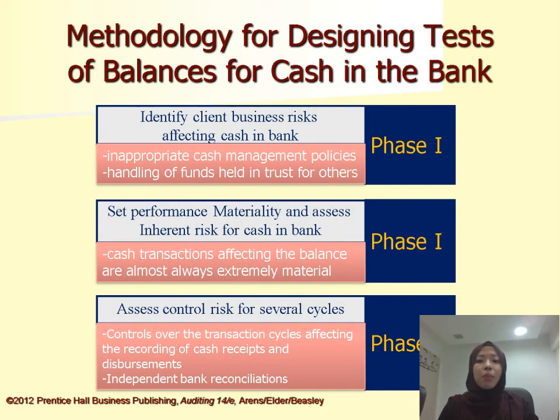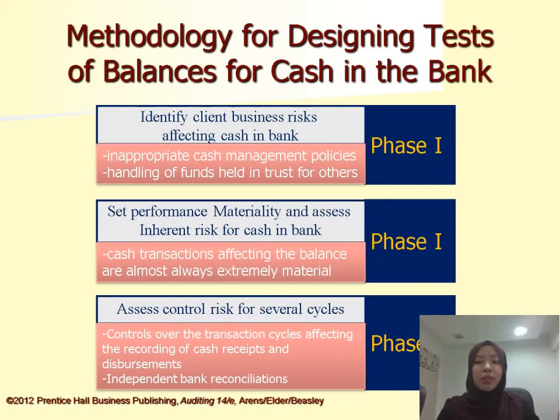So most companies are unlikely to have significant client business risk affecting cash balance. However, clients' business risk may arise from inappropriate cash management policy or handling of funds held in trust for others.